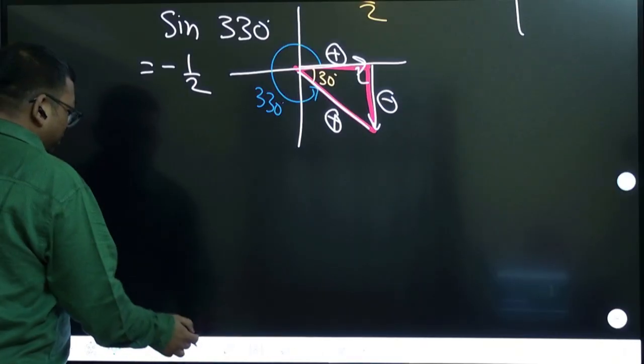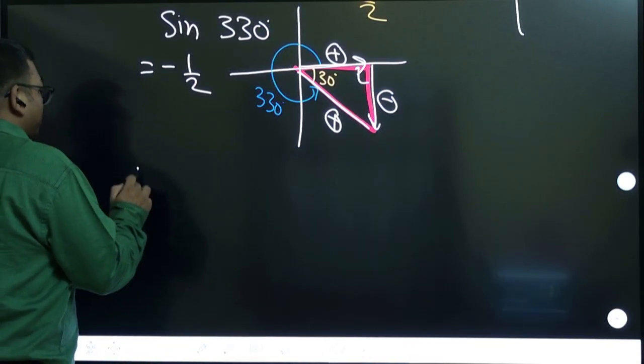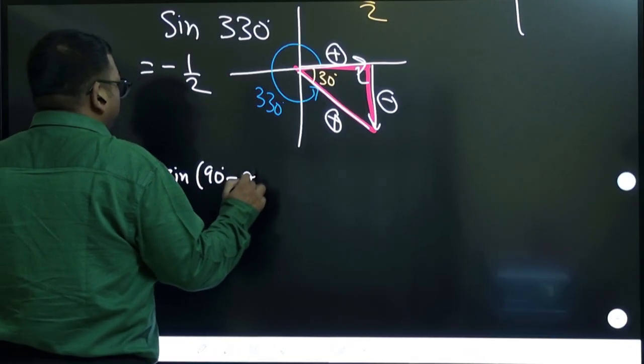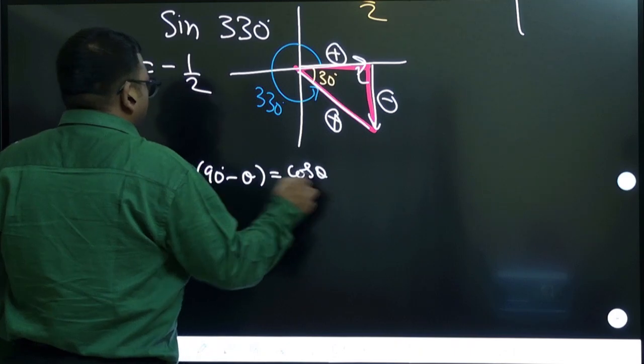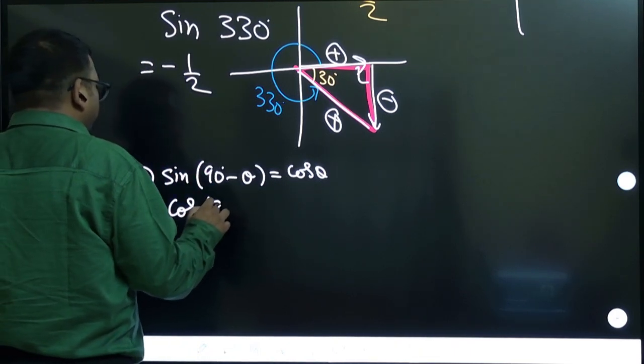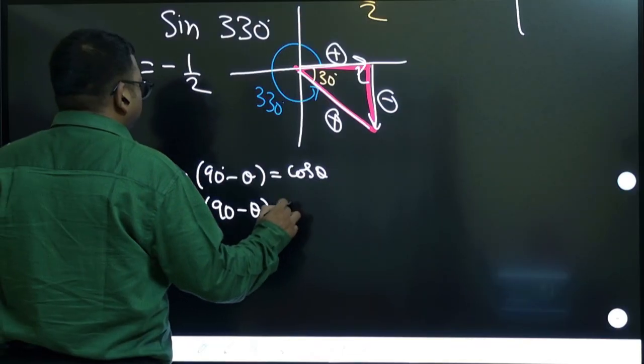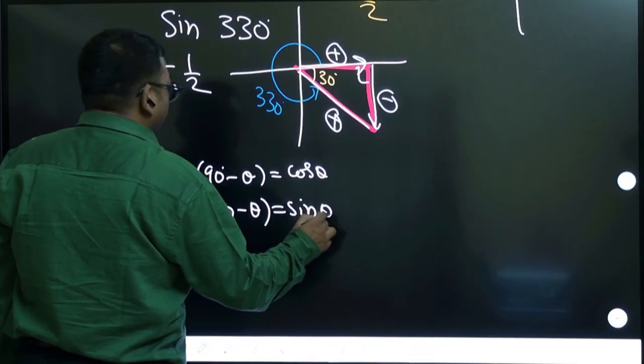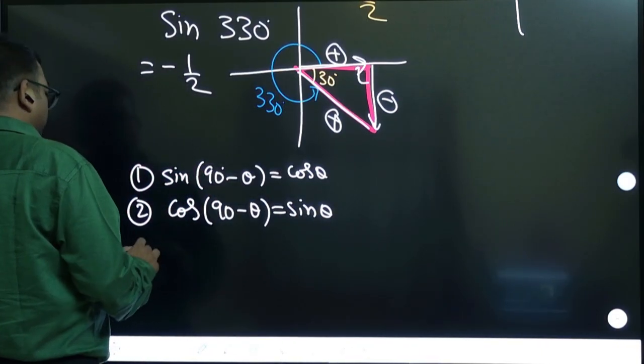And some basic things people will remember, like sine of 90 minus theta is cos theta, cos of 90 minus theta is sine theta, right? All these rules come up.